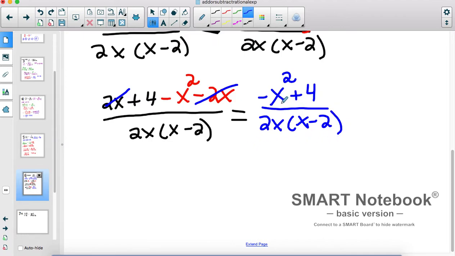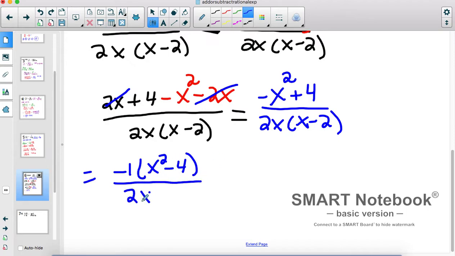Now this negative, I'm going to try to factor that out, because if I factor out that negative, I'm going to have the difference of 2 squares. So let's do that. I'm going to factor out a negative 1, and I'll end up with x squared minus 4. That's why I did that, because I'm going to end up with the difference of 2 squares, and then 2x times x minus 2.